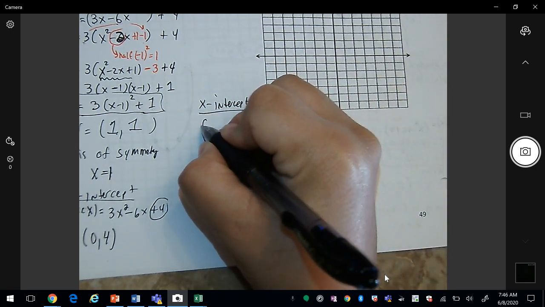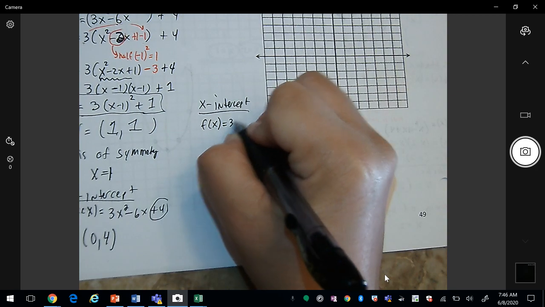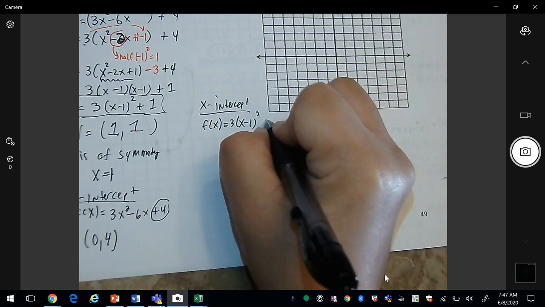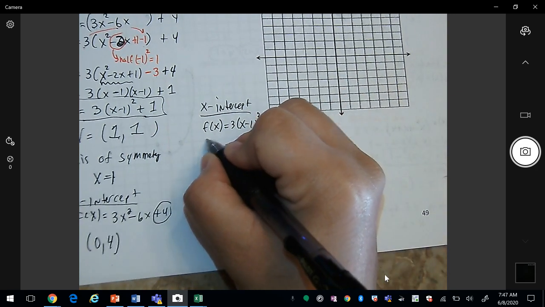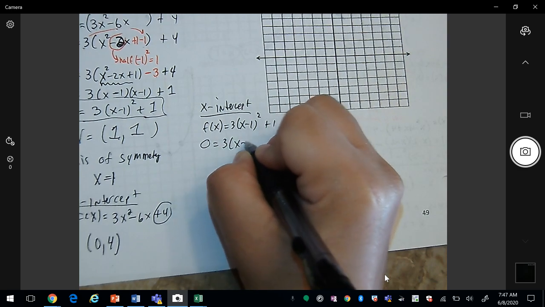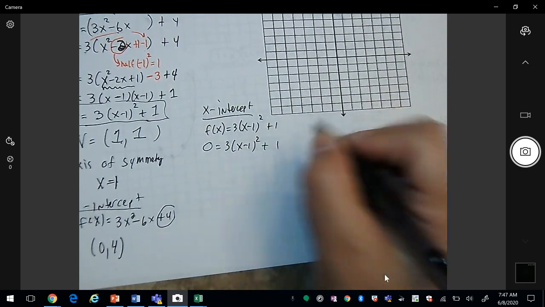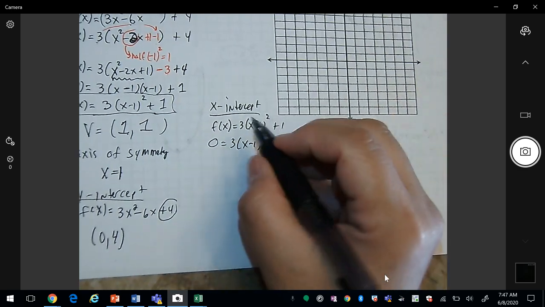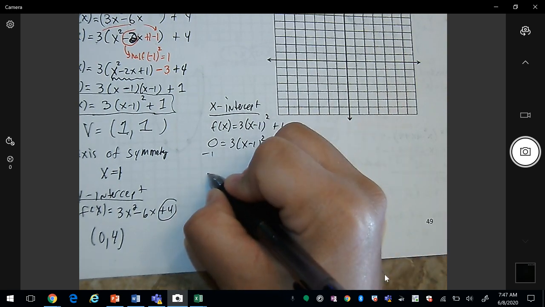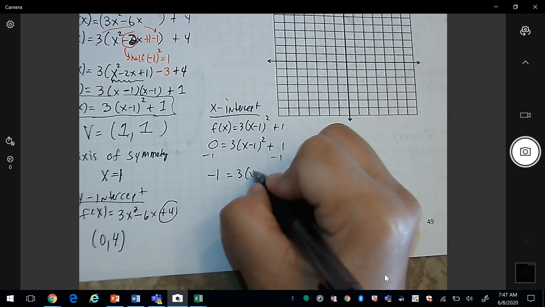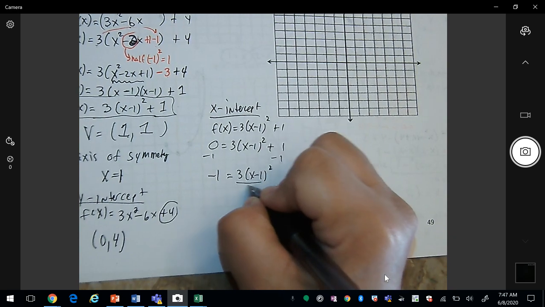X-intercept, I'm going to use the standard form. So I let y equal 0. Subtract the 1. Divide by 3.